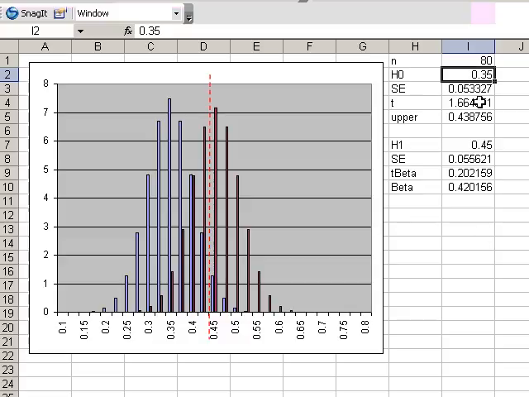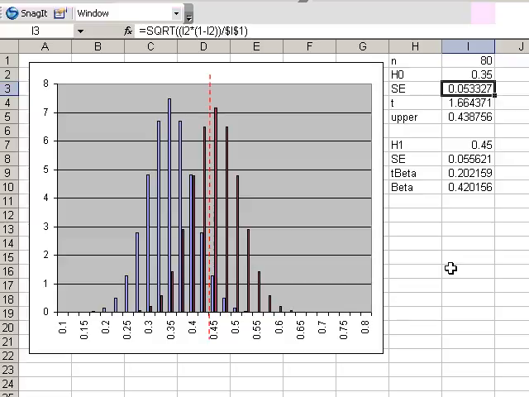H0 says that the mean value, or the proportion, which is the mean value, is 0.35, and the blue distribution shown here has a mean value of 0.35.